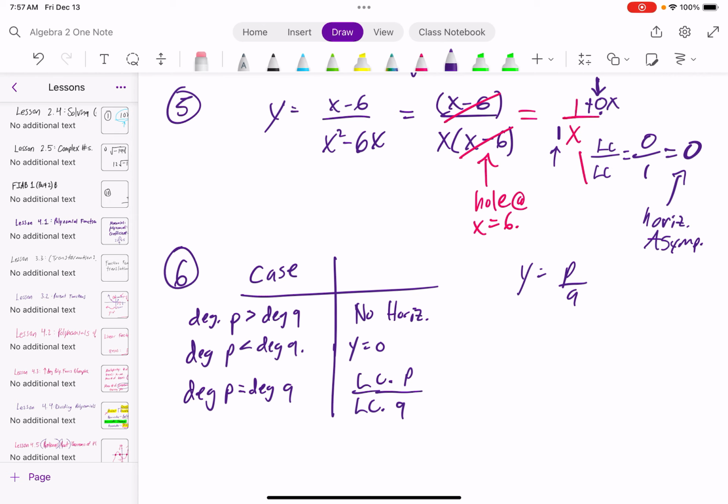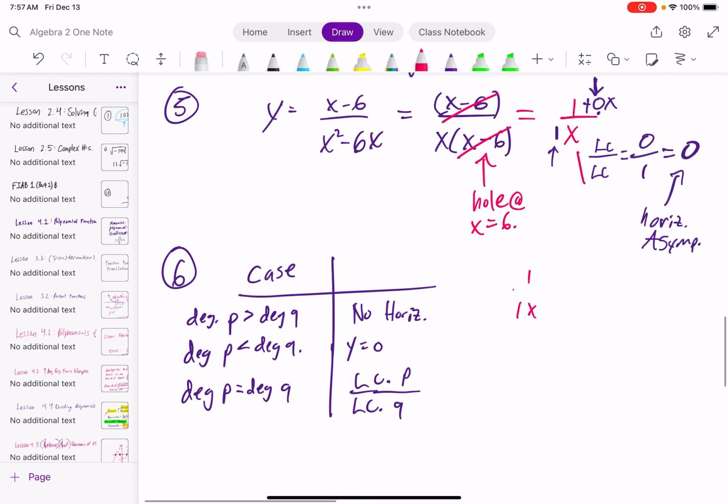All right. Let's just kind of prove this a little bit. So let's say we have our previous example. In our previous example, we had 0x over 1x. Let's make it more simple. We had 1 over x.